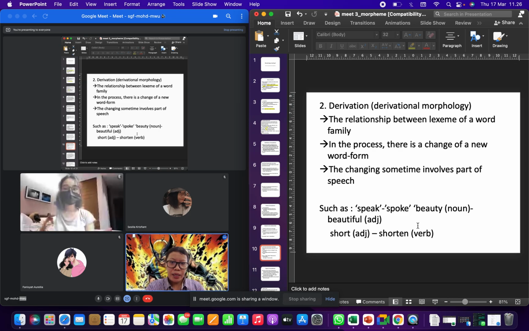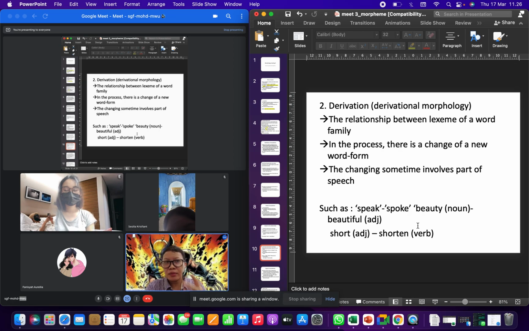And here, if we see the changes of the part of speech, the suffix is the characteristic of the part of speech. The other example is the morpheme short. It is an adjective, but when we put the suffix en, it becomes shorten, and it is no longer an adjective but a verb.